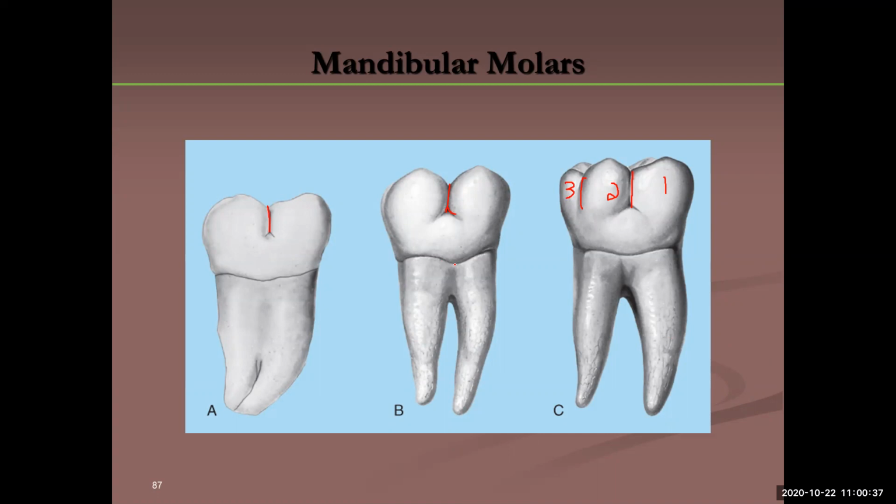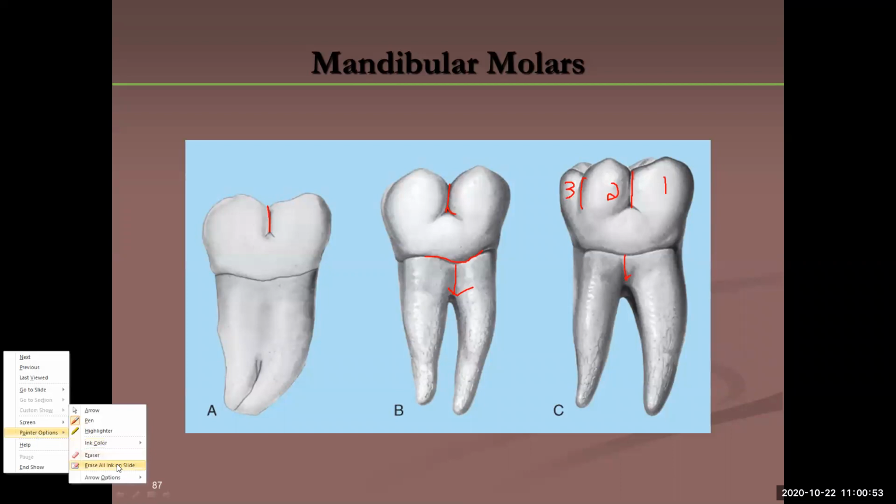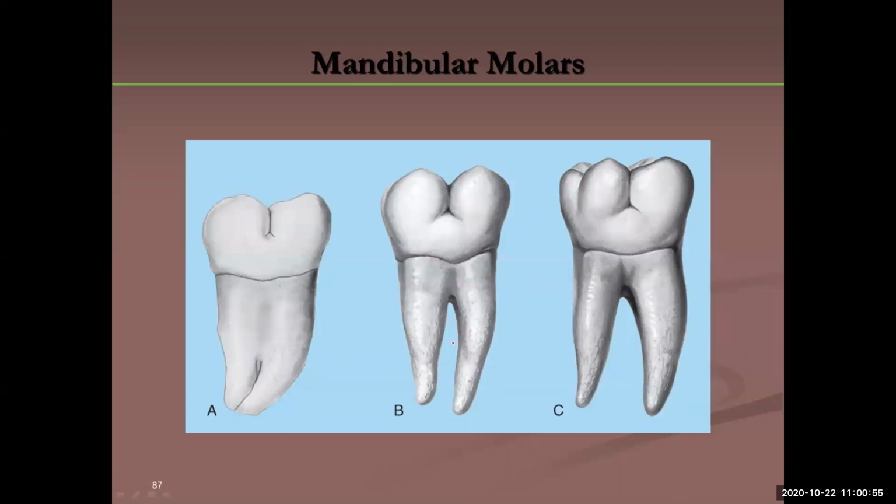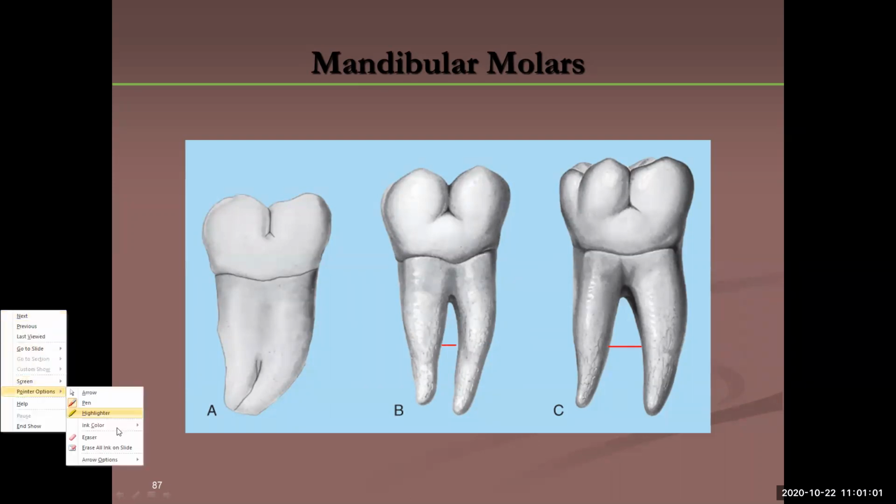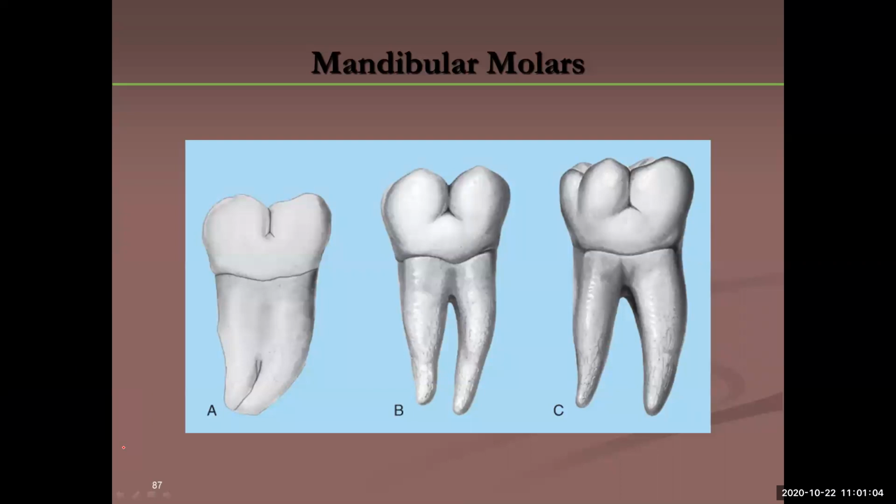Notice that this root trunk is just a little bit longer on the second molar than it is on the first molar. These are good pictures. In my picture, I wouldn't necessarily have that one dipping down, but I will take that as well. It's all good, right? The roots are a little bit closer together on the second than they are on the first. So these are pretty decent pictures because they're showing everything that we've talked about.